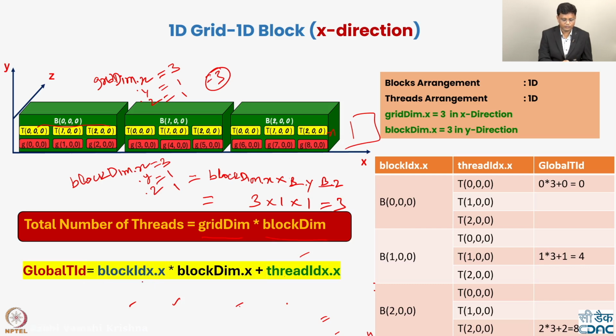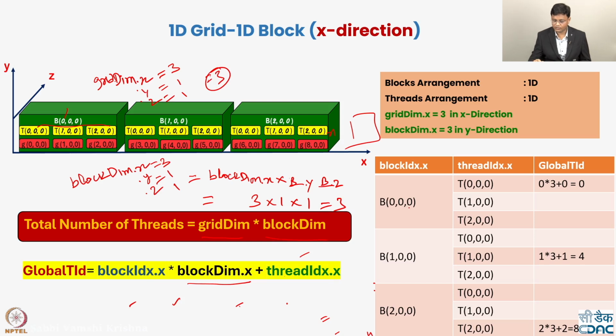So first you have to calculate blockIdx.x. The block ID in the x direction, suppose it is 0, should be multiplied by the block dimension in the x direction, which is 3, plus threadIdx in the x direction in that particular block.